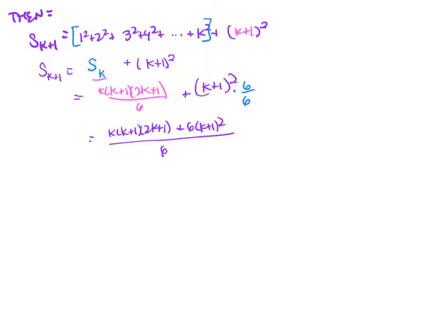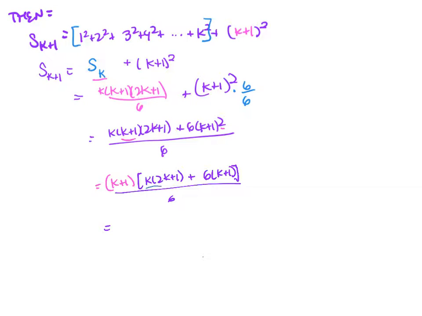So we're going to factor out a k plus 1 to the front. I'm just factoring out one of the k plus 1s here. So now we're left with k times 2k plus 1 plus 6 times k plus 1, and that's all over 6.